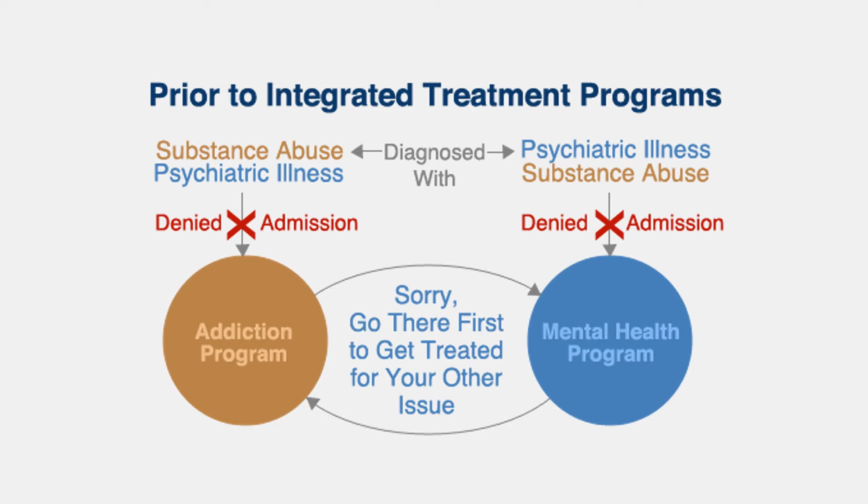But of course, that puts people in this strange cycle of now they're seeking help for their mental health and psychiatric illness, but they have this underlying substance abuse issue as well, and they may be denied access to mental health programs that are saying, well, we don't have the capacity or the scope of practice to deal with this ongoing substance abuse as well.